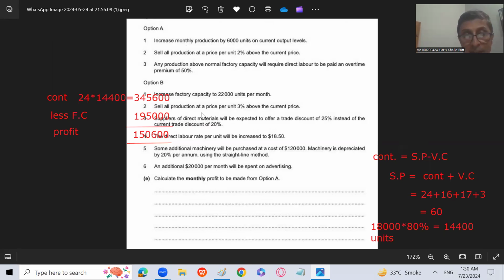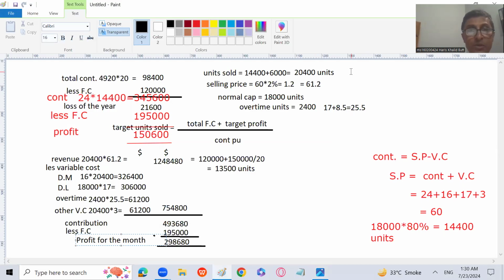Sell all production at a price per unit 3% above the current price. So the units sold is going to be now 22,000 units. So it will increase more. And the selling price is 60 into 3%. That is 1.8. We will add 1.8 to 60. So we will get 61.8. So it means that the selling price has increased to 61.8 now.